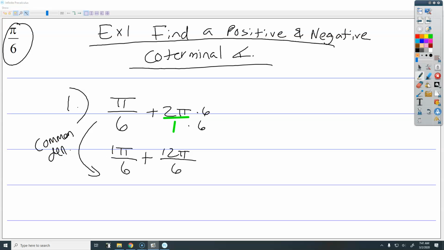So 1 pi over 6 plus 12 pi over 6 is 13 pi over 6. Okay.